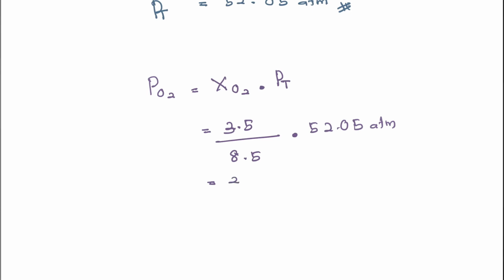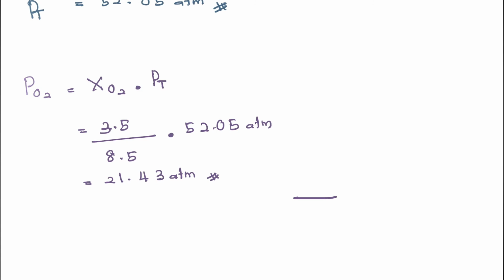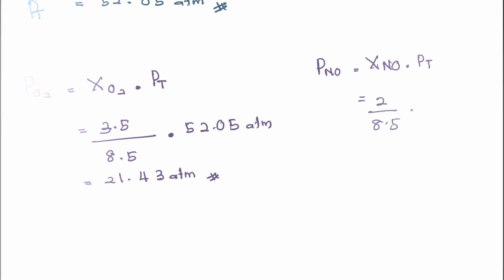It is 21.43 atm. And then the partial pressure for nitrogen monoxide is mole fraction nitrogen monoxide times P total, where the mole fraction is 2 over 8.5, times 52.05, which is 12.25 atm.